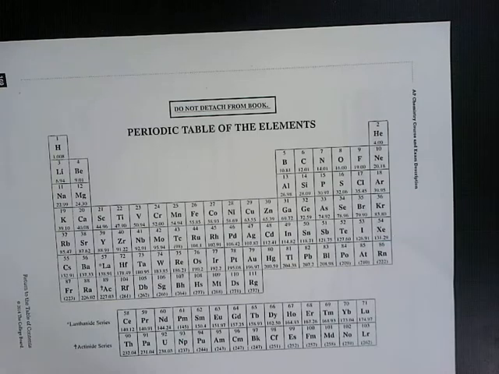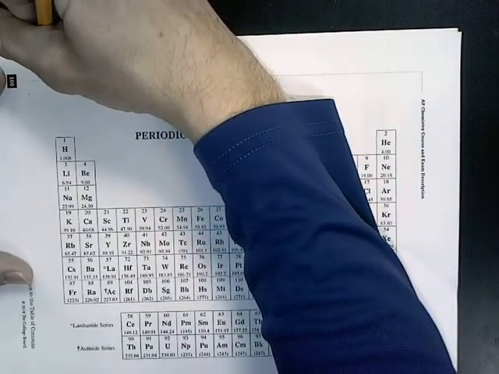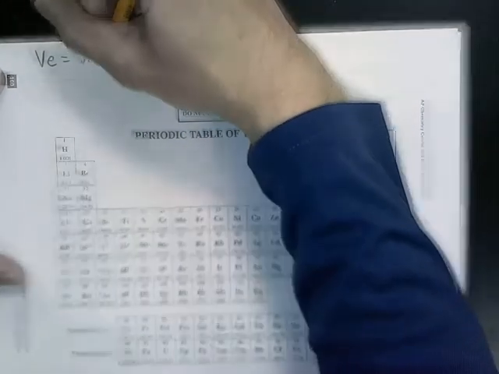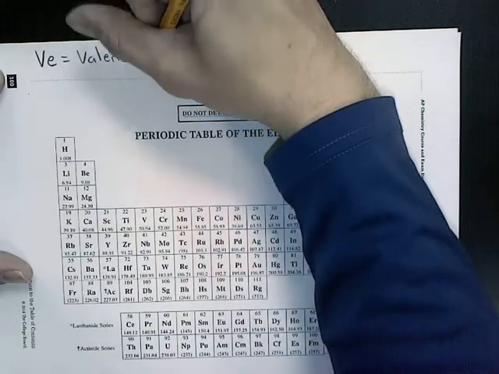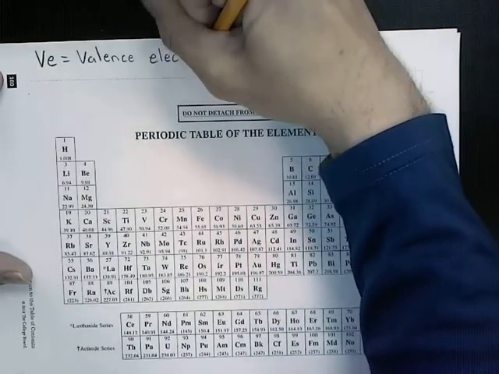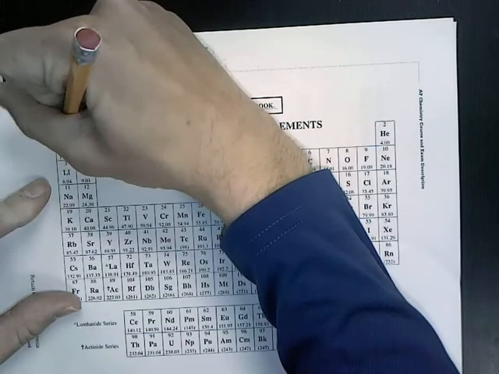So with this, determining the number of valence electrons, and maybe I should put this here, VE is going to be our valence electrons. And our valence electrons are going to be really simple. For this first column or group, we're going to have 1 valence electron.